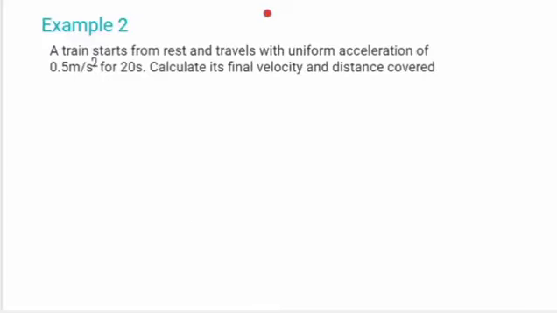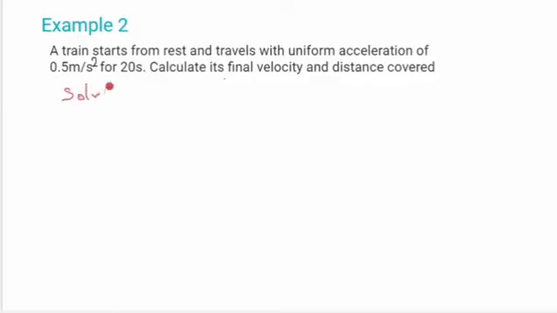Example 2. A train starts from rest and travels with a uniform acceleration of 0.5 meters per second square for 20 seconds. Calculate its final velocity and distance covered. So we're looking for final velocity and the distance covered.